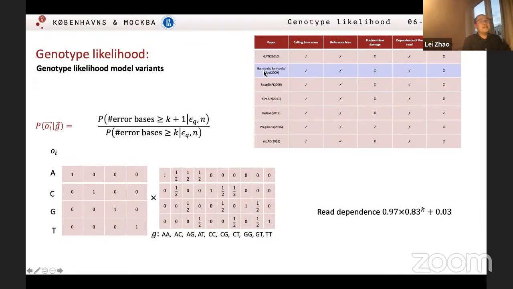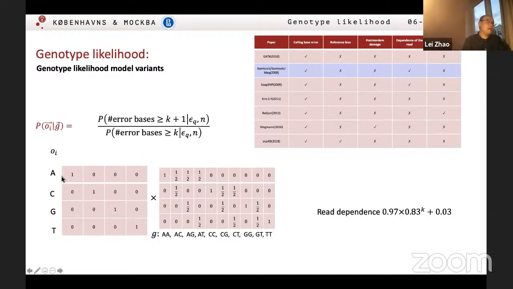And this is the second one: SAMtools, and also BCFtools calculate the genotype likelihood. They assume this kind of read dependence, but underneath they also assume no reference bias.